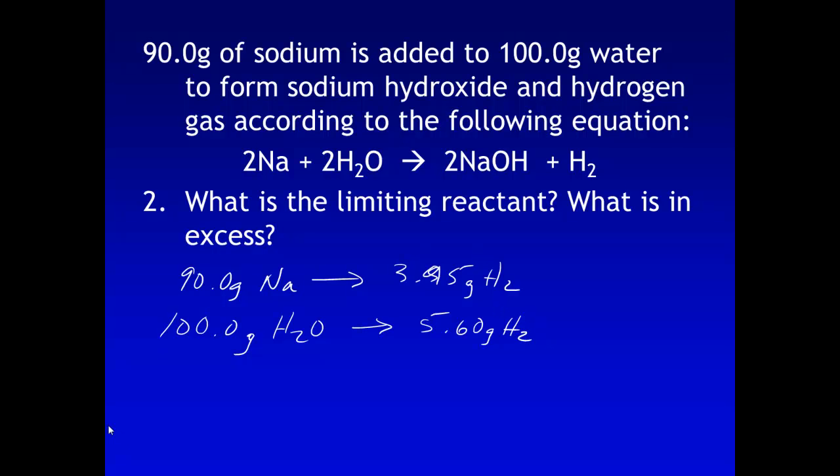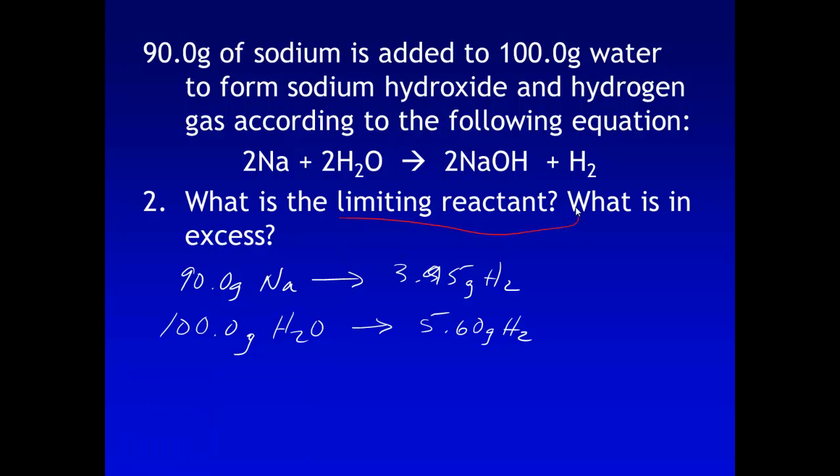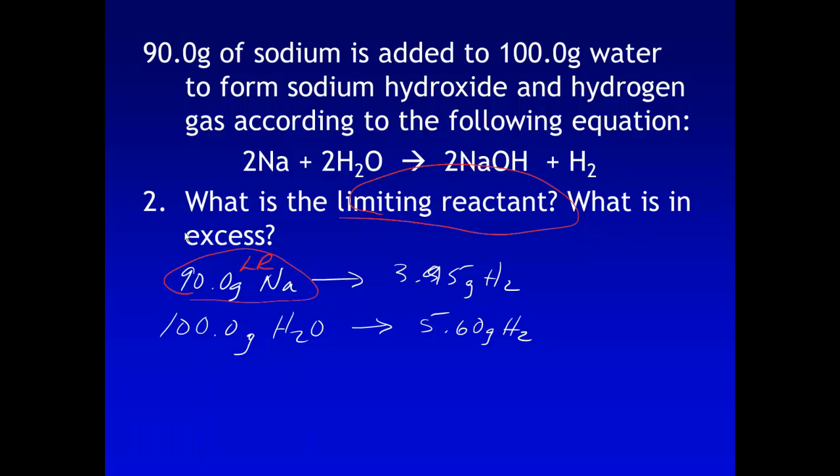Okay, so for my limiting reactant, what is my limiting reactant? Well, my limiting reactant's the one that got me the lowest. So 90 grams of sodium, this is my limiting reactant. Okay, and what reactant is in excess? What is in excess right here in yellow? This one would be in excess because it's what gave me the most.